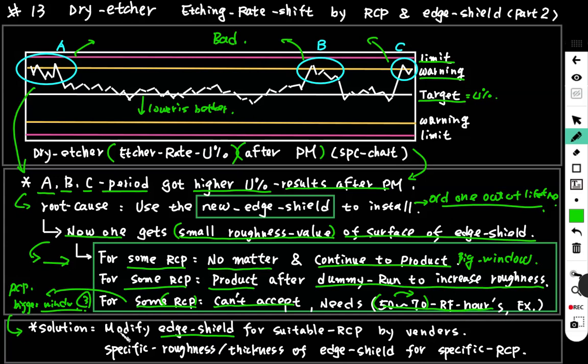So the equipment engineer finds the vendor to modify the edge ring for a suitable recipe.